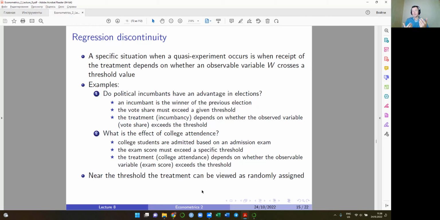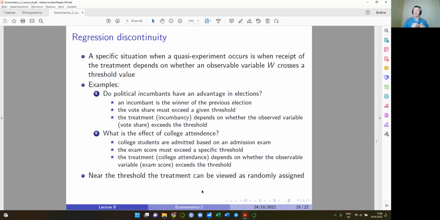So maybe their brains are similar, maybe their abilities are similar, and all the other characteristics are similar. But one part of these people is in the treated group, and another part is in the control group.